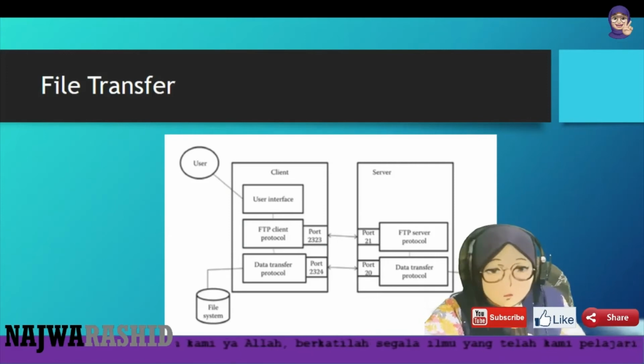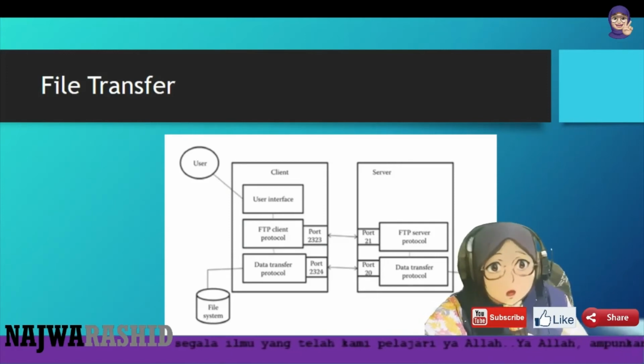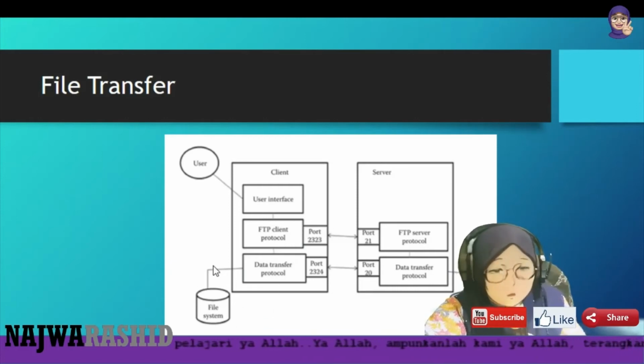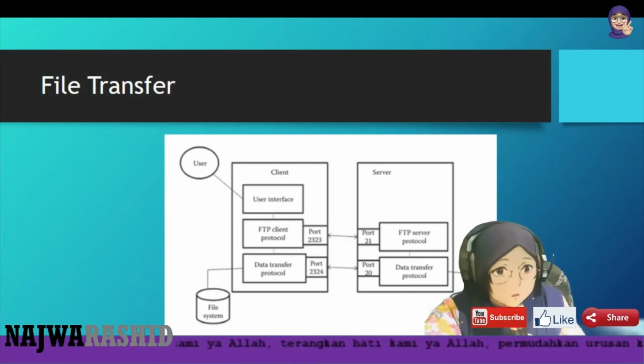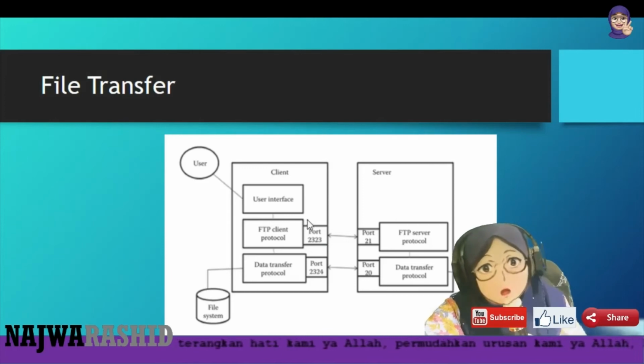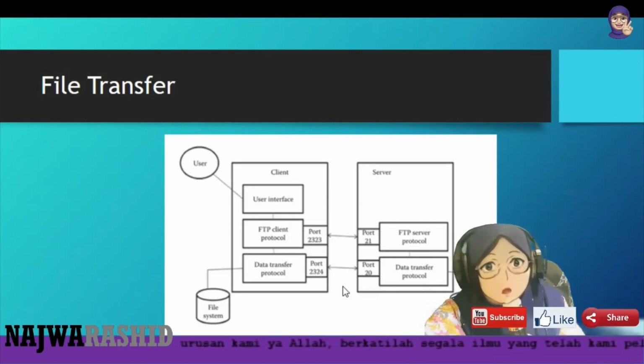So basically for FTP we use port number 21. And then at this part we have the file system, which stores your resources, files or documents, and then uses the data transfer protocol, and it also has its own port address.